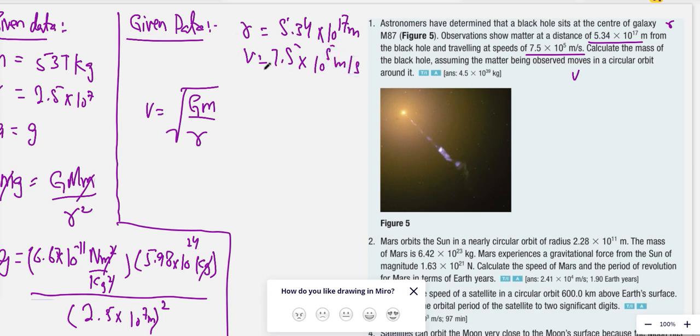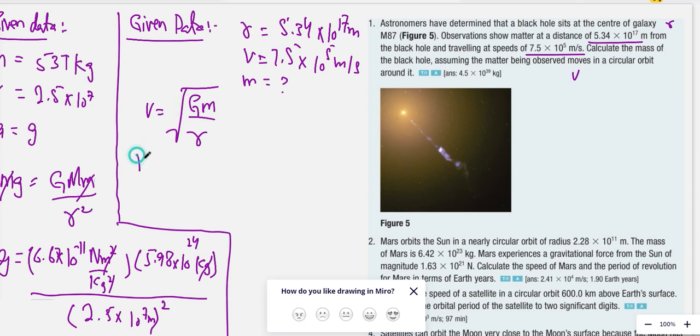So these are the values which we have, and we can simply substitute these values and get the result. The only thing we have to do is to rearrange this for mass, because m is what we have to find. So let me rearrange it, and then I will put the values into this formula.